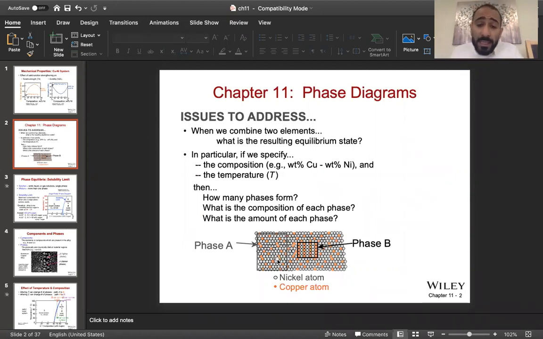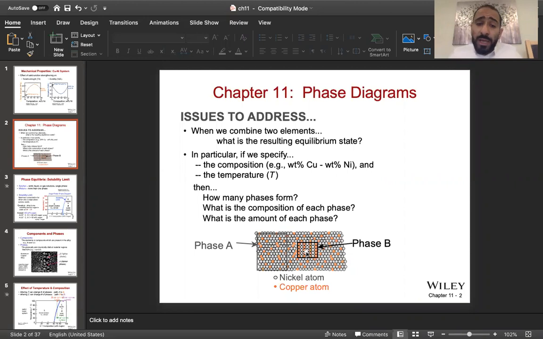The way the nickel atoms and copper atoms are arranged is different at this point compared with this point, right? So this region we can call a phase, and a phase is a uniform portion of a material with uniform physical and chemical characteristics. So this is a phase and this is a phase.